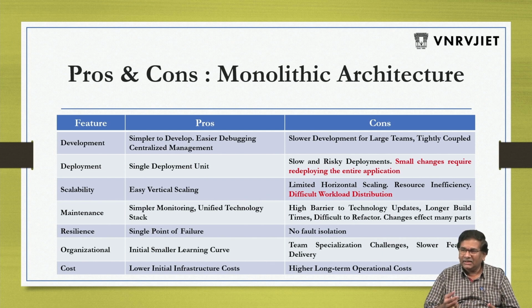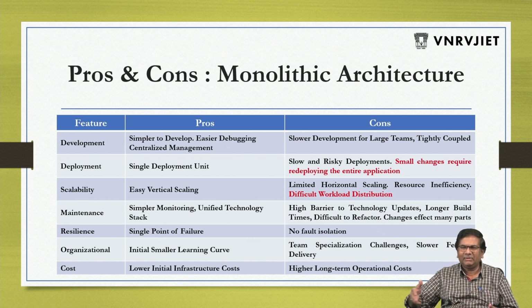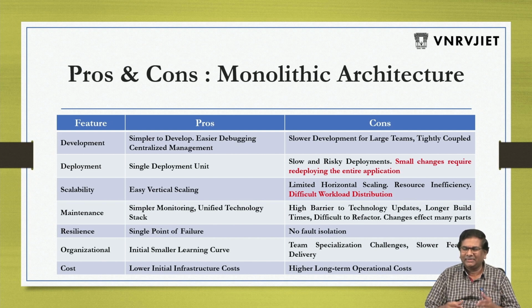Even for a small change, the entire application has to be built, which we discussed already. There is a lot of build time, and also refactoring. Over a period of time, the code becomes clunky and it's very difficult to refactor, because everything is connected. If you touch here, it's going to break somewhere else. So changes affect many parts.